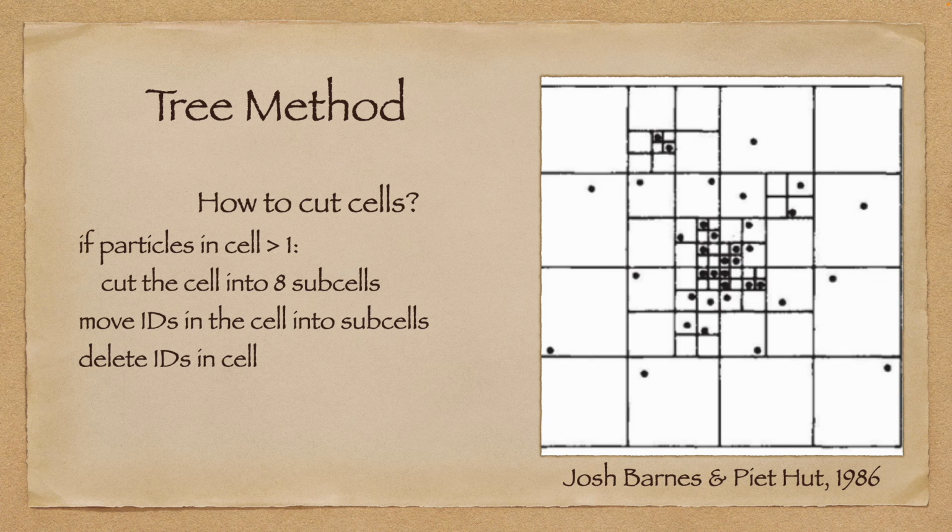So as the function cuts the cell into subcells, these IDs will move into the subcells. And next, the IDs from the original cell will be deleted, so that each particle will only be inside one subcell.